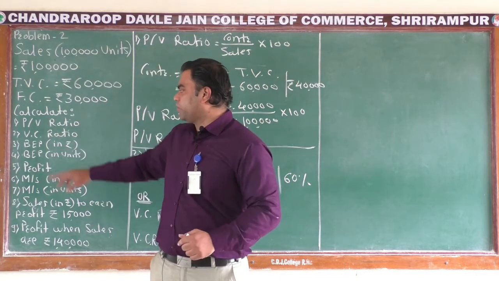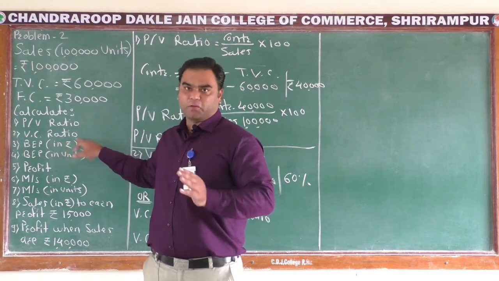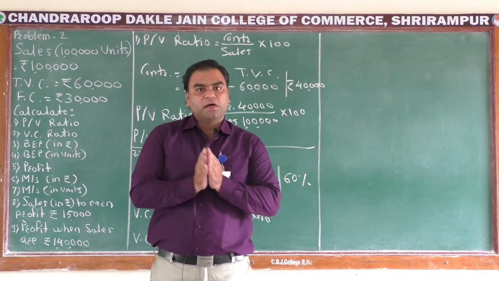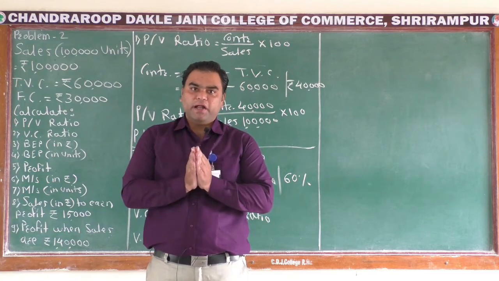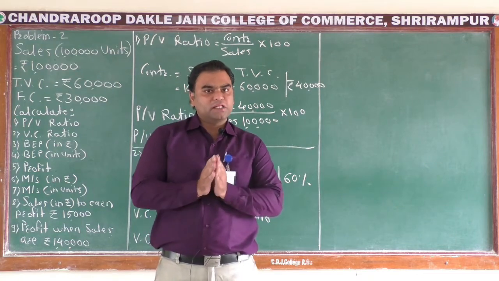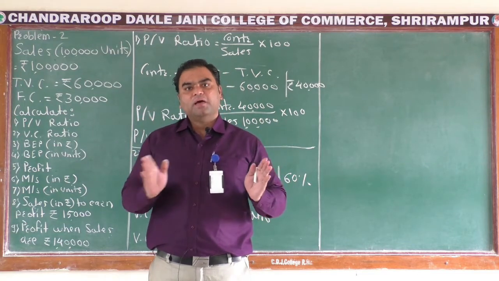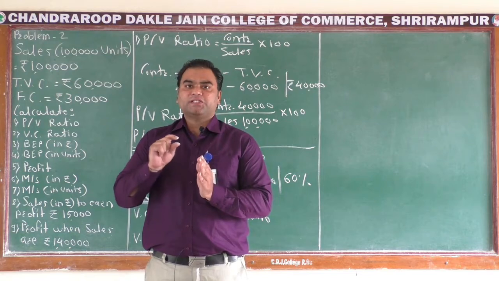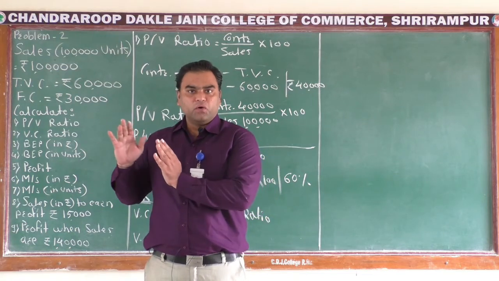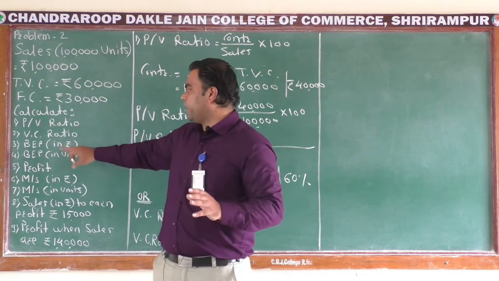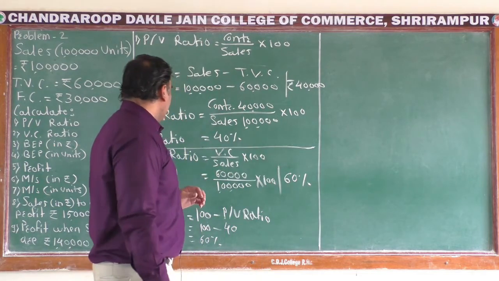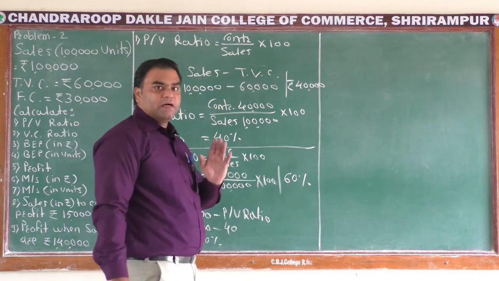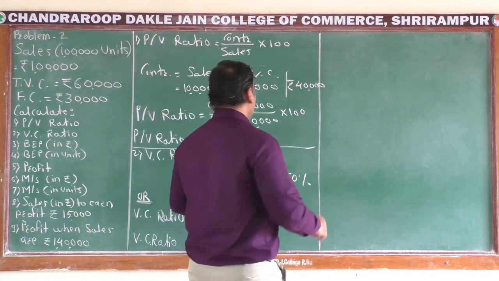Now we are going to calculate BEP in rupees. BEP means break even point. BEP sales means sales when total costs and total sales are exactly equal, means sales when there is a state of no profit, no loss. So how to calculate the same? As we have discussed earlier, there are formulas available to calculate BEP in rupees.